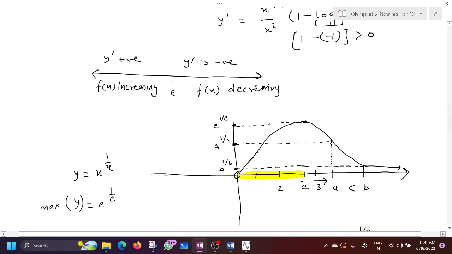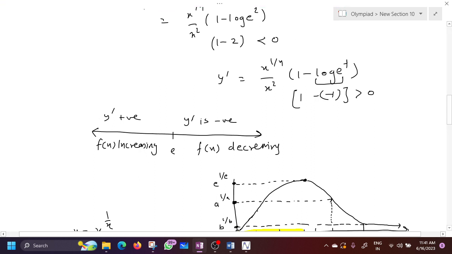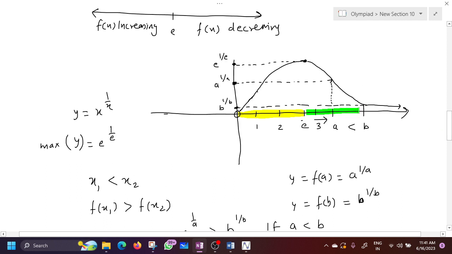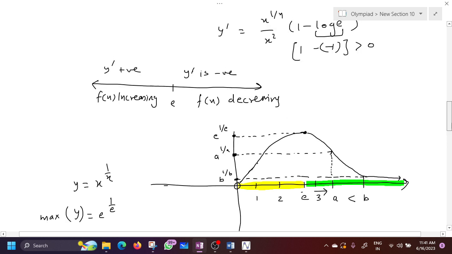So now we have talked about the left hand side of e and the right hand side of e. We have talked about these two sides. Now one case is remaining, if a and b are on either side of e. Then what will happen?